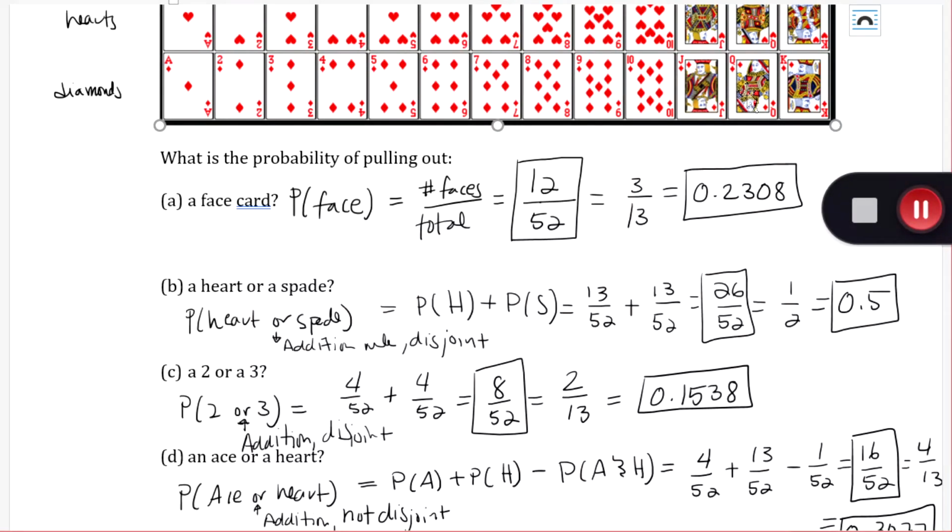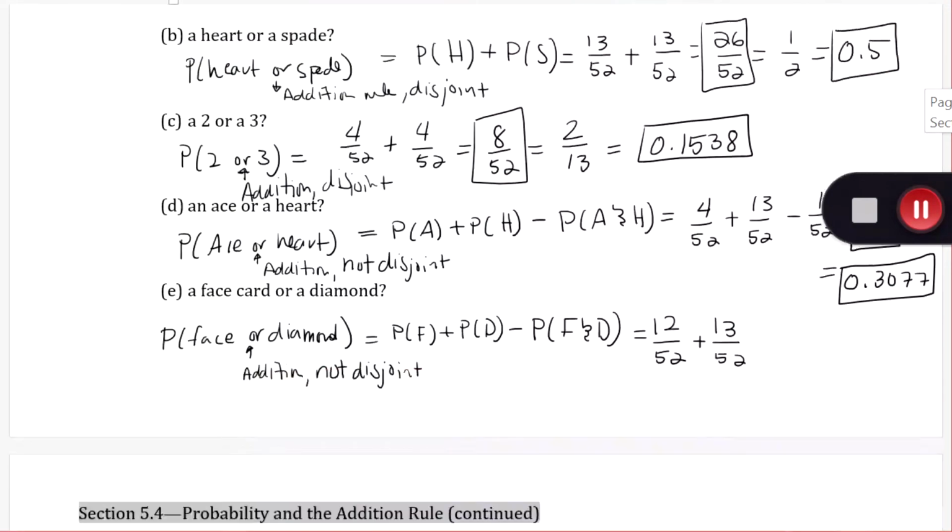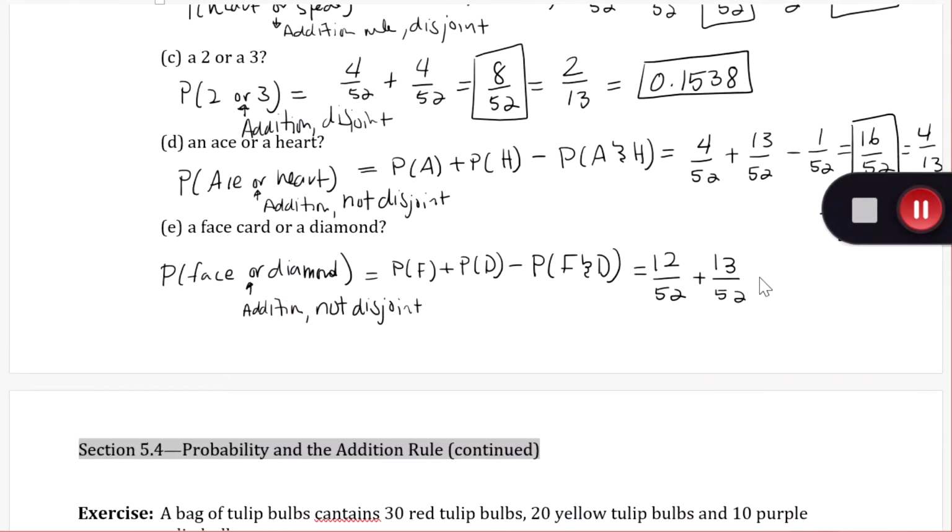So we're going to have these 3 cards. So we have 3 out of 52. So we have 22 out of 52. So 11/26, which is approximately 0.4231.